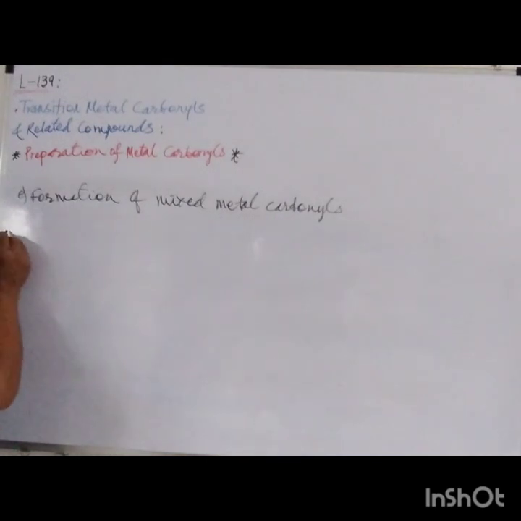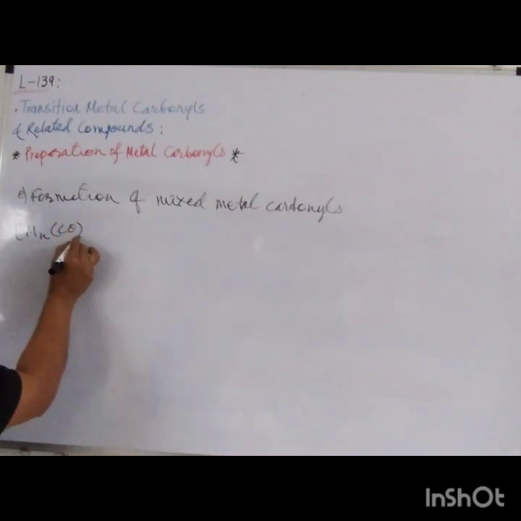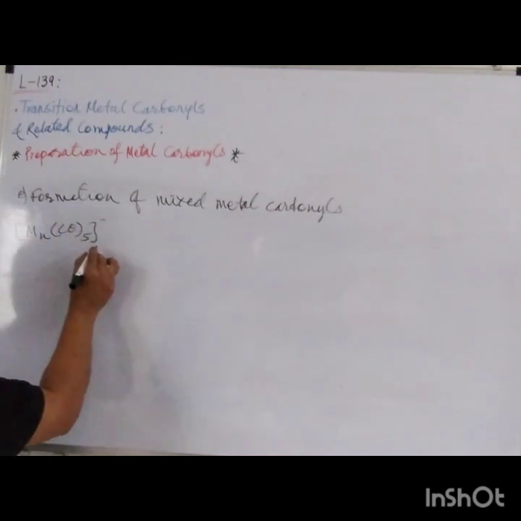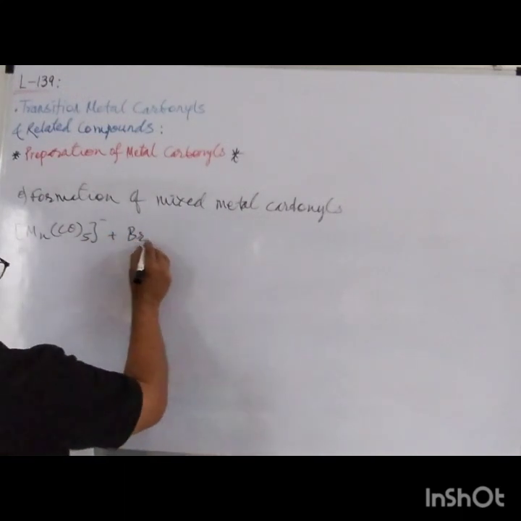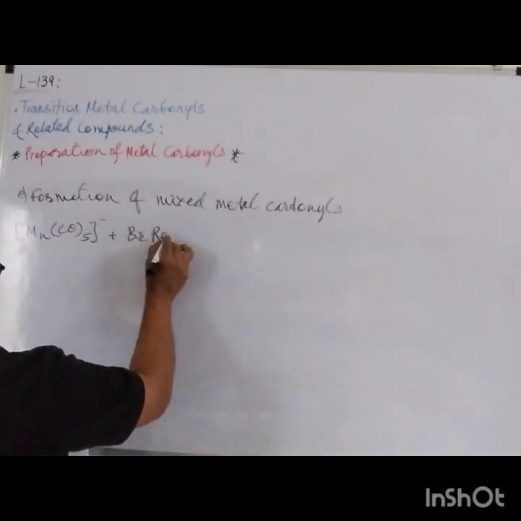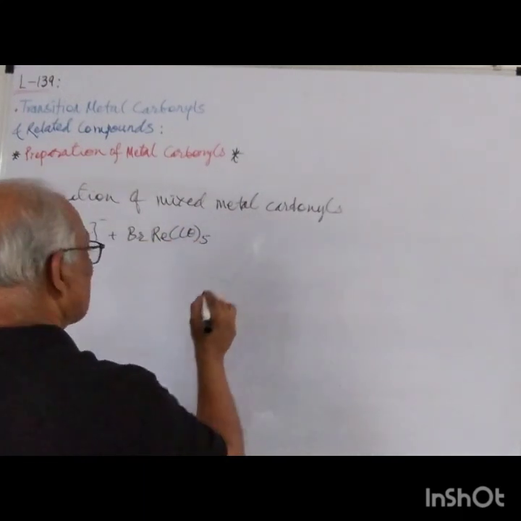So first example is Mn(CO)5 minus plus BrRe(CO)5.